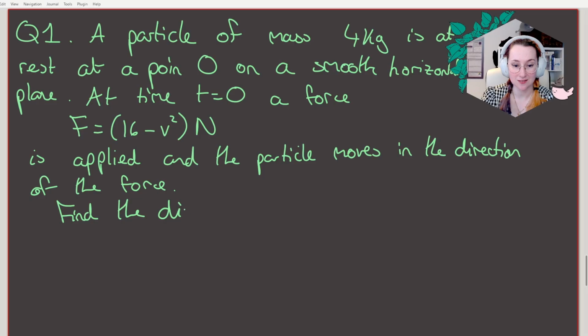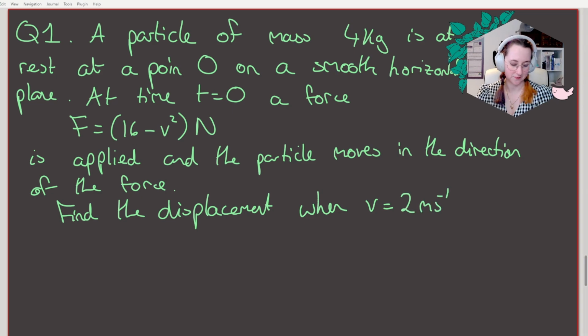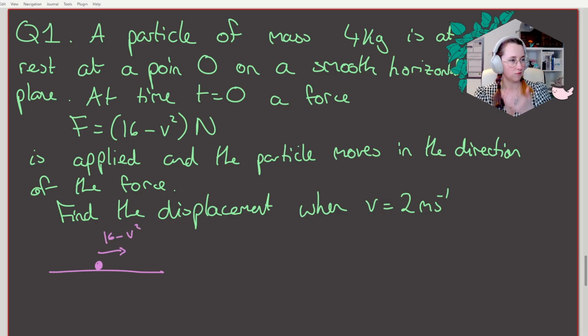Find the displacement when v is 2 meters per second. So the particle is at rest initially, and it's hit with a force 16 minus v squared in a direction.